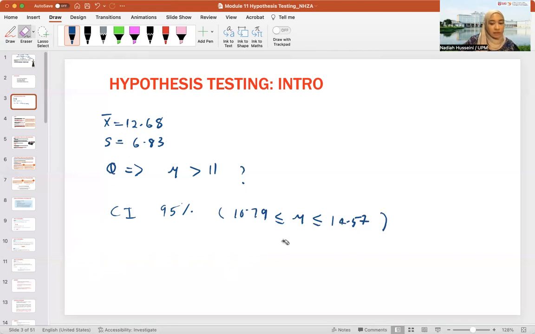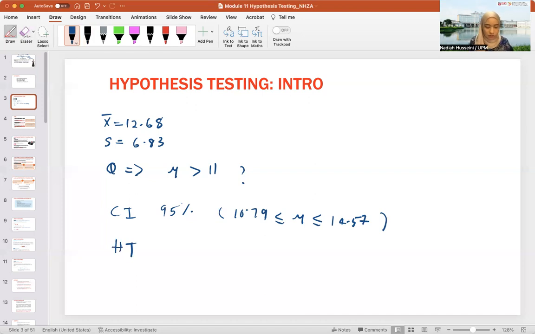No, not really, right? It gives me the range, tells me how confident I should be with this range, but it doesn't tell me for sure that mu, the population mean, is indeed greater than 11. So what is next? I tried the confidence interval. I could not prove it. So the next thing is to use hypothesis testing. Let me just call this HT.